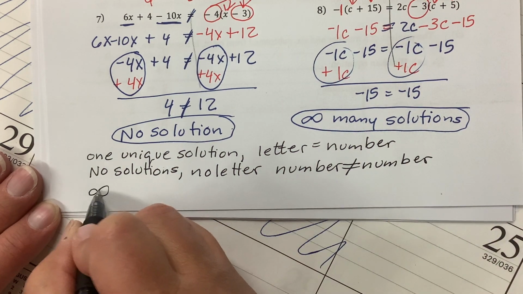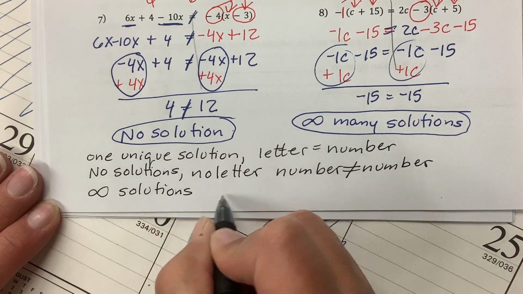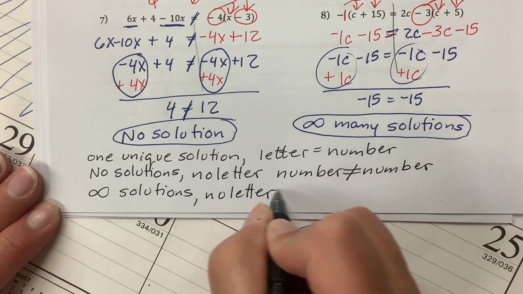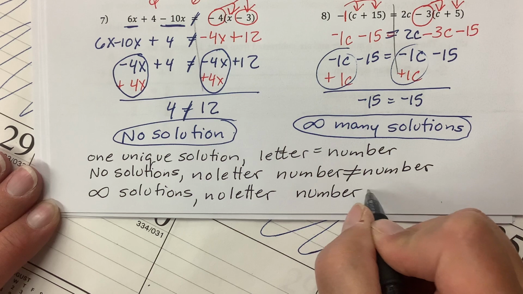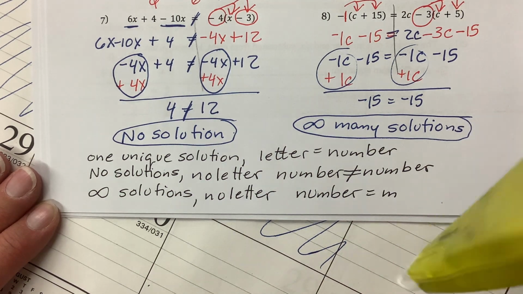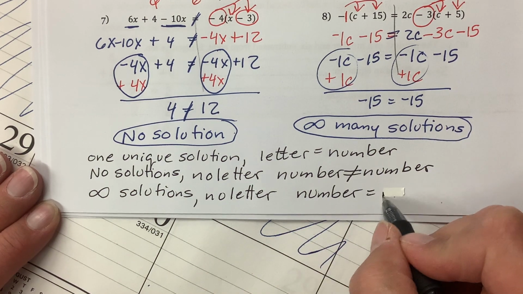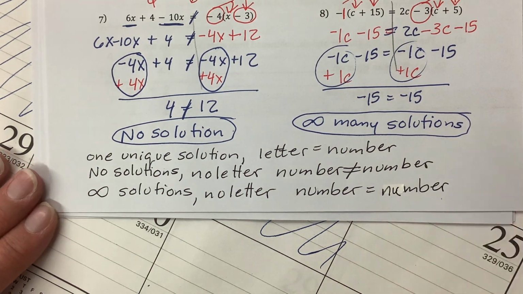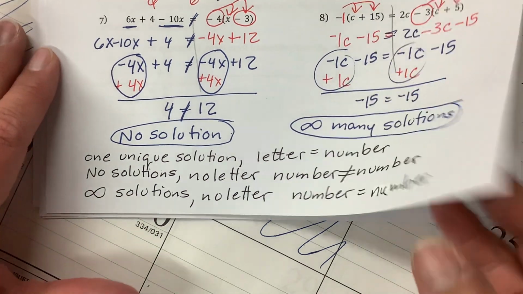And for infinite solutions, on the bottom you have no letter, and the numbers are equal. And look at me, I can't even write today. Number equals number. Now that's not the technical terms, but it's how I remember it, so I thought I'd share with you. All right. The next page, let's take a look.